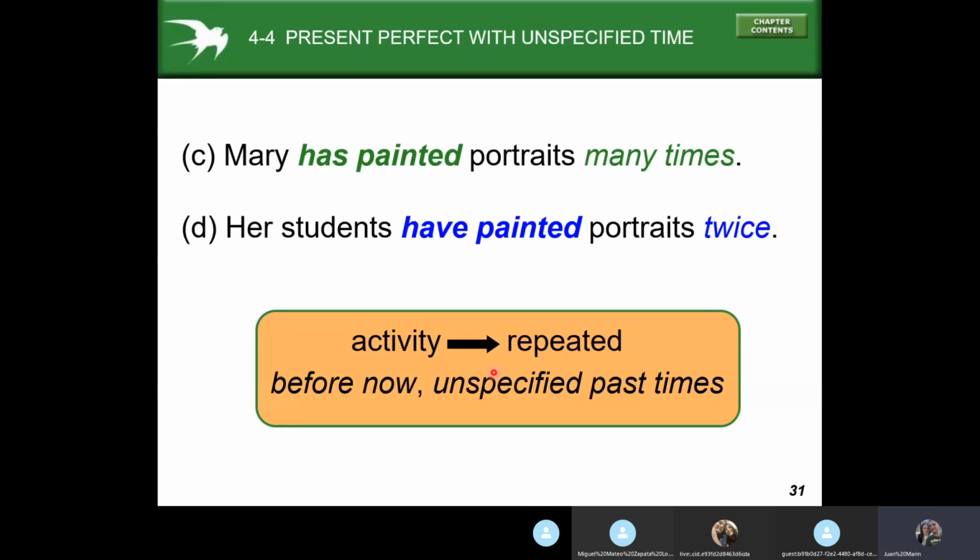Her students have painted portraits twice. So here, an activity repeated before now and unspecified past times. Her students have painted portraits twice. Mary has painted portraits many times. Yes, it's an activity that repeats.